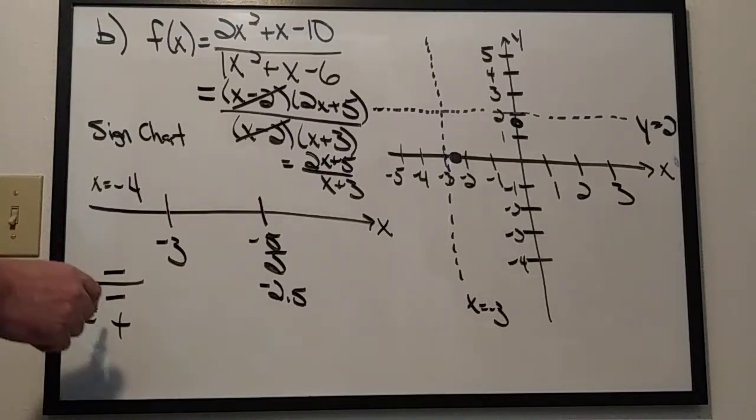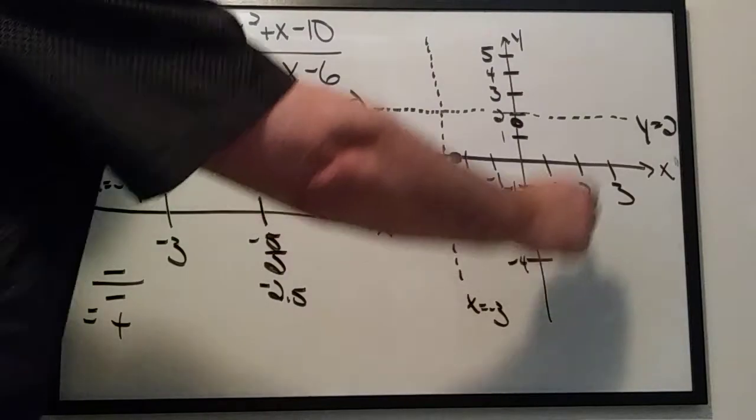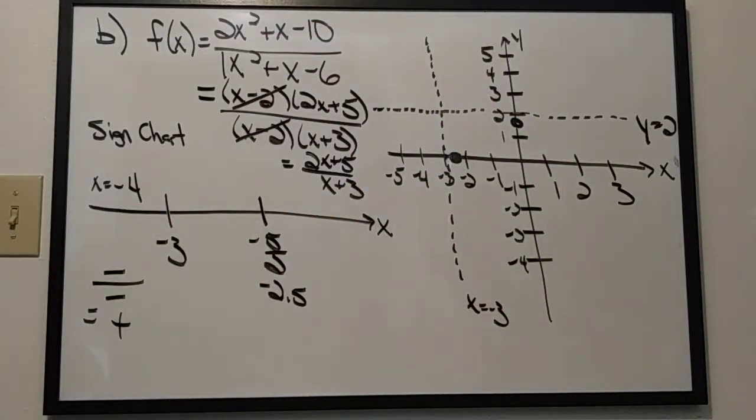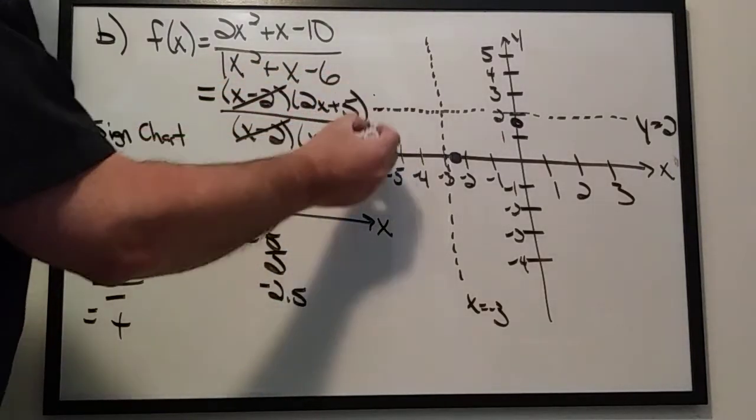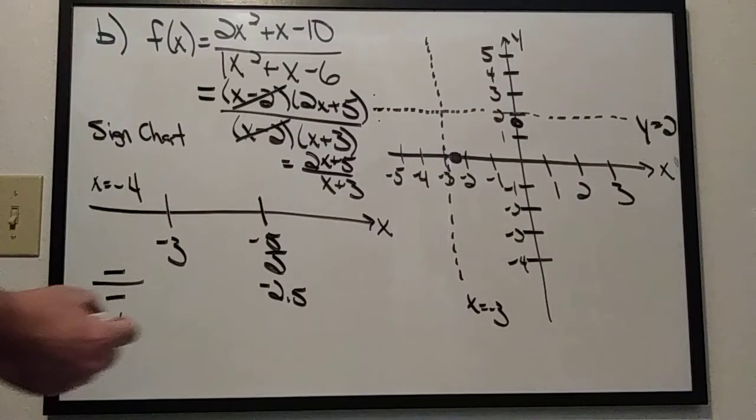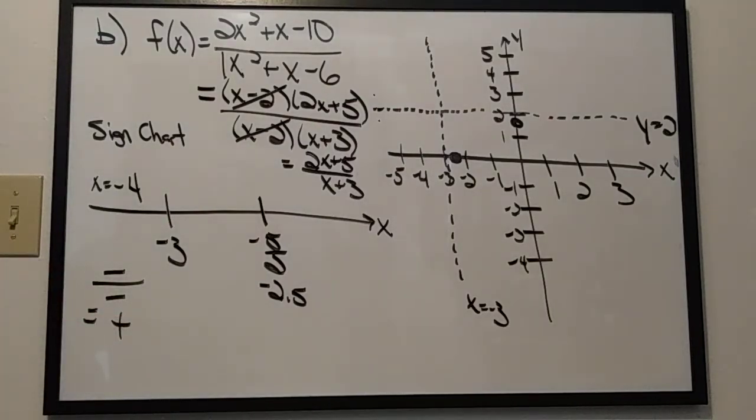Now let's take that information directly to our graph. There are in fact 2 different places that we could live if we have y values that are positive. We could live here, or we could live here. In both of those locations, we are doing what the sign chart told us, that we have to be above the x-axis. However, based on some of the other information we know, one of these works and one doesn't.